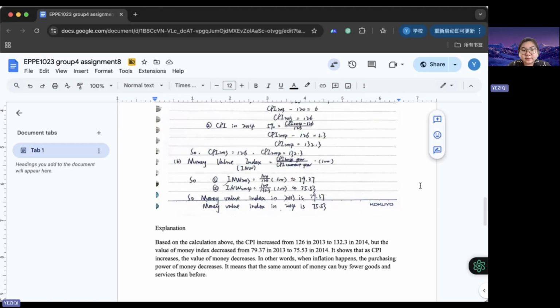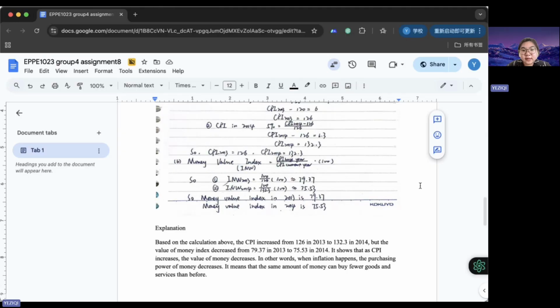For question B, the money value index is equal to CPI in base year divided by CPI in current year, multiplied by 100%. So the money value index in 2013 is equal to 100 divided by 126, multiplied by 100%, which is 79.37.